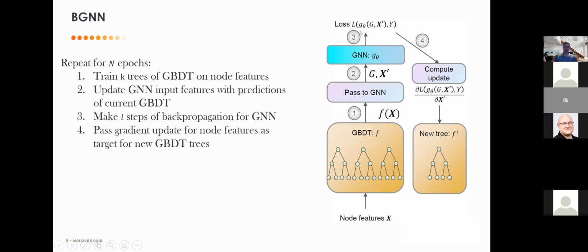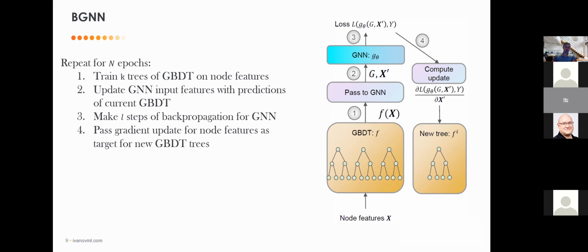And then what we can do is we can take the gradient of this loss function with respect to X prime. And because X prime now includes the information from GBDT, which is f of X, we can pass this gradient to the next batch of trees for GBDT. So the next batch of trees will take as input node features X as usual, but it will try to predict instead the gradient of the loss with respect to X prime, which is the first GBDT's prediction.